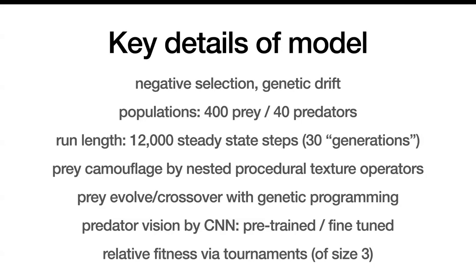Kind of neutral selection. I'm working with two populations, a coevolutionary algorithm, with 400 prey and 40 predators. The run lengths are about 12,000 individual steps. This is a steady state algorithm, so that's roughly like 30 generations in a generational genetic algorithm.